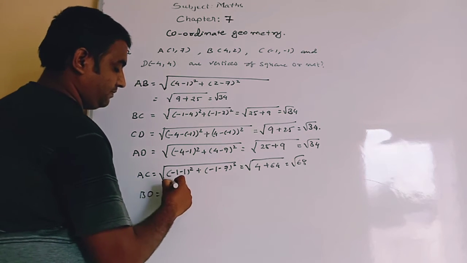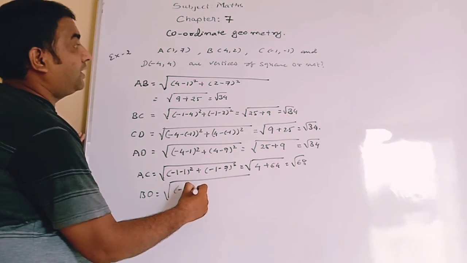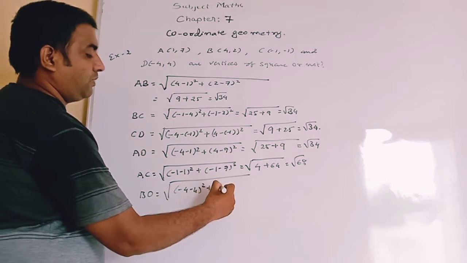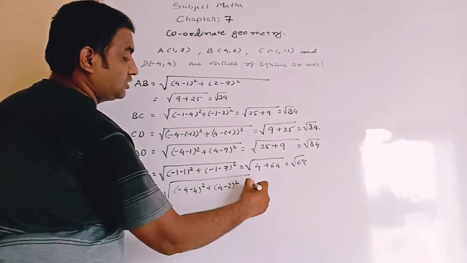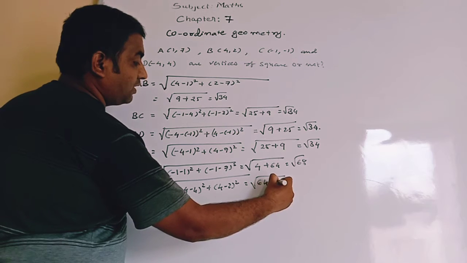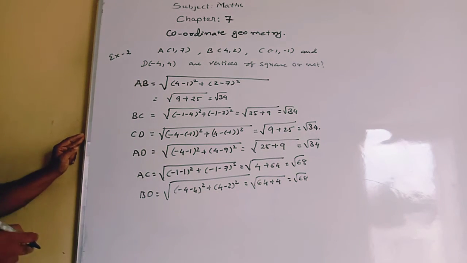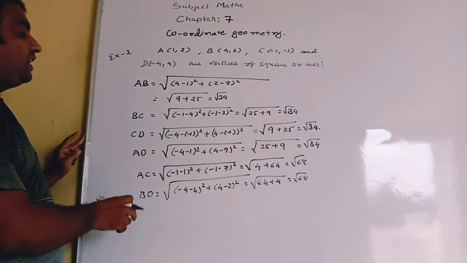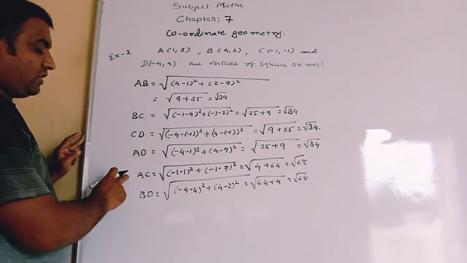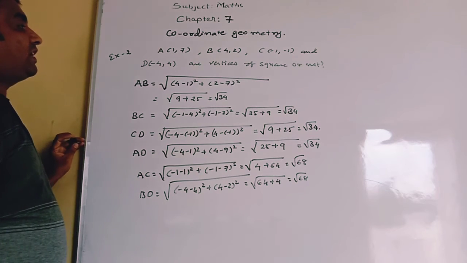Then (-4 - 4)² plus (4 - 2)². So it is minus 8 square 64 and 2 square 4. So again root 68. So both the diagonals are also equal, and so we can say that as 4 sides are equal and diagonals are equal, ABCD are the vertices of a square.